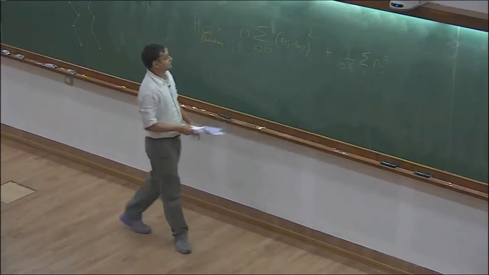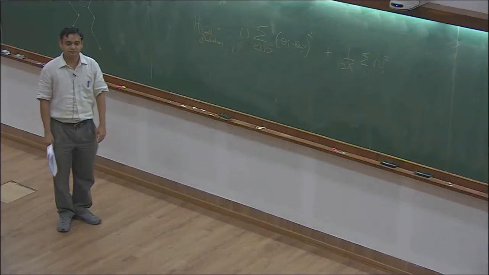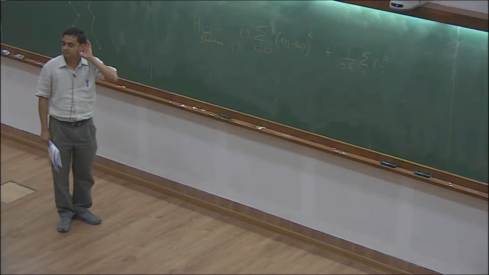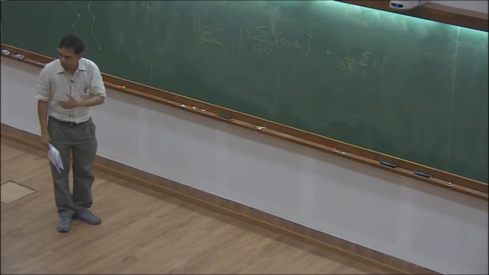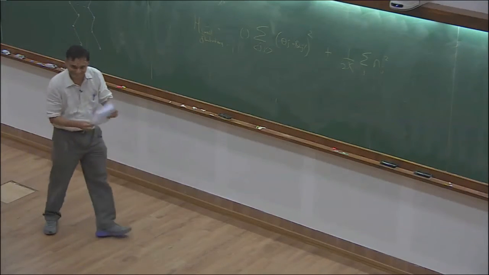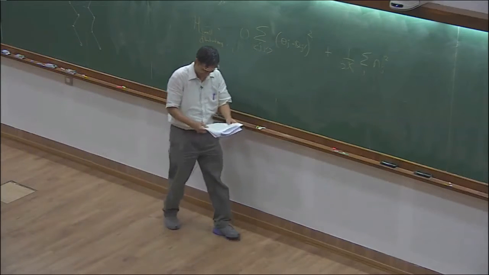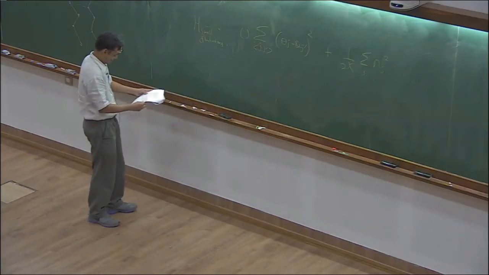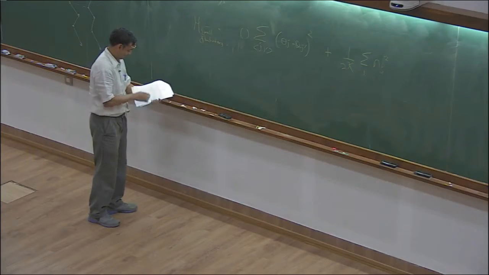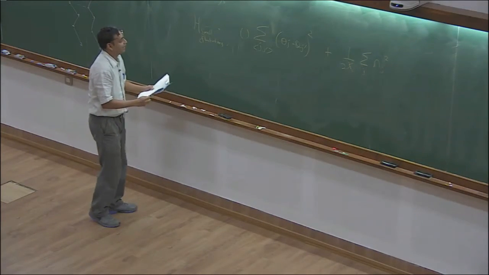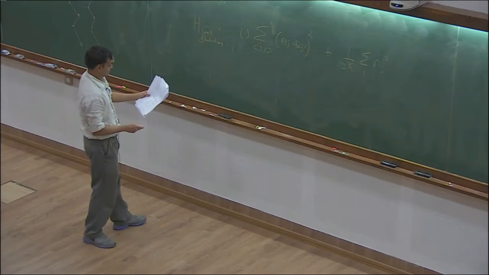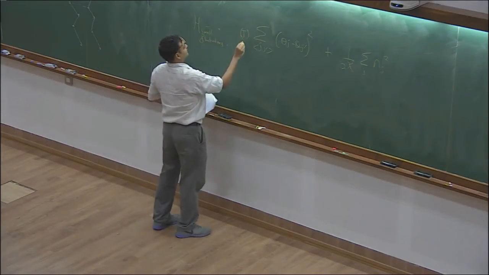Can you diagonalize this for me? So can you do the diagonalization? Let's see how I want to name these constants. Let me continue to call this J by 2.